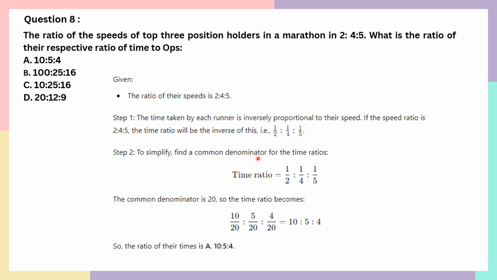To simplify, find the common denominator for the time ratios, which is 20. So the time ratio becomes 10 by 20, 5 by 20, 4 by 20, which is 10 to 5 to 4. So the ratio of their times is 10 to 5 to 4.